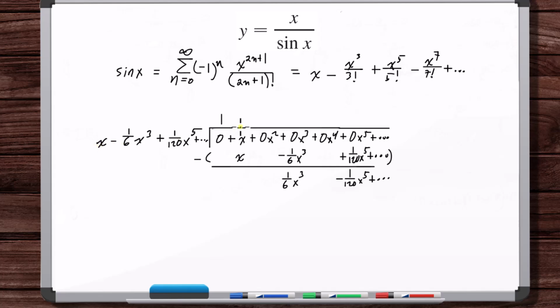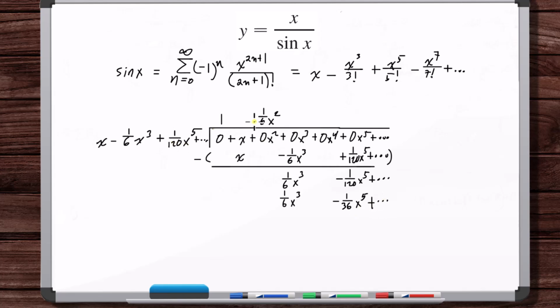So that's 1/6 x squared, positive 1/6 x squared. Now you multiply this by this. So you get 1/6 x cubed, and then minus 1 over 36 x to the 5th.